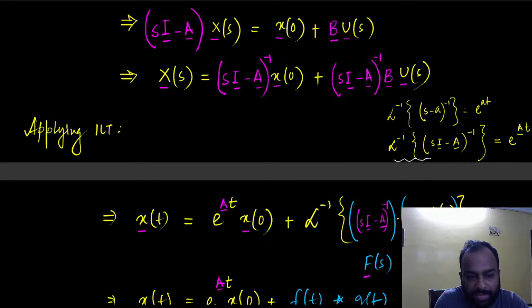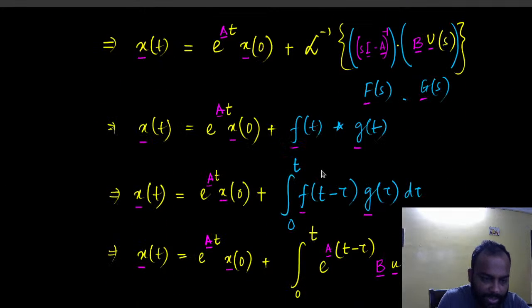That's the inverse Laplace transform of (sI minus A) inverse. By the very definition, you have seen that e to the power At, where A is the matrix, is the Laplace inverse of (sI minus A) whole inverse. So that's one of the ways.